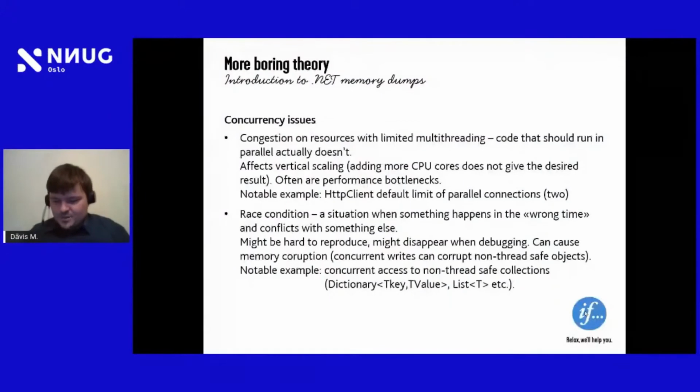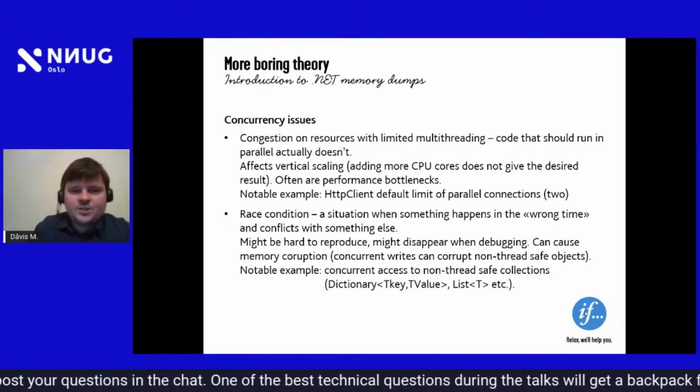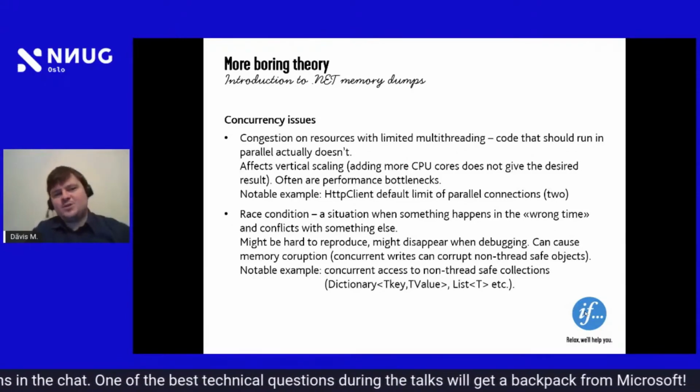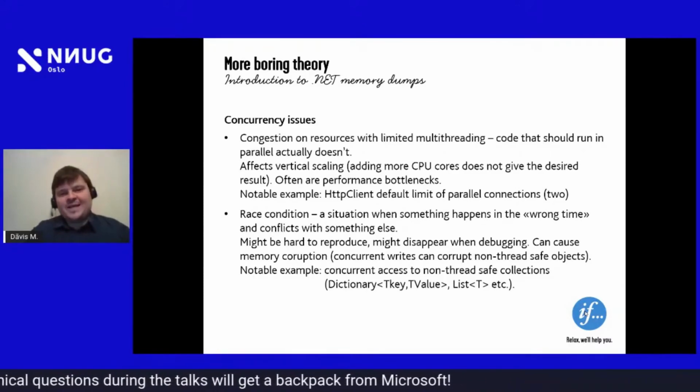Yeah, this will be a bit more complex. This will be about two types of issues for which memory dumps are really handy, really valuable. One is resource congestion, the thing which I mentioned, where you have a theoretically multi-threaded application.